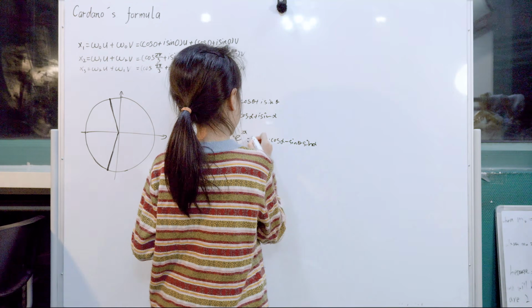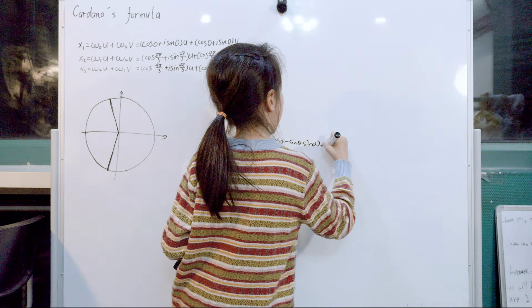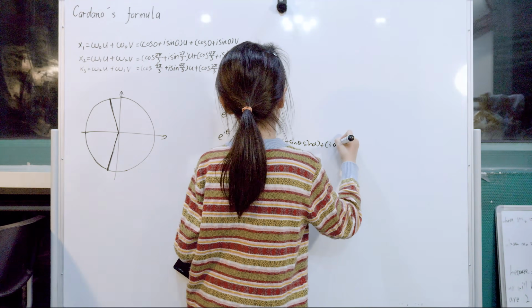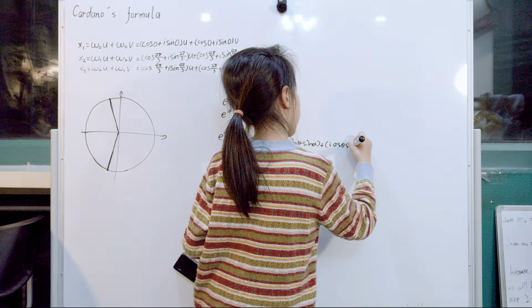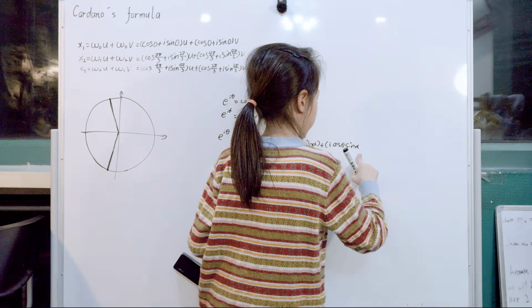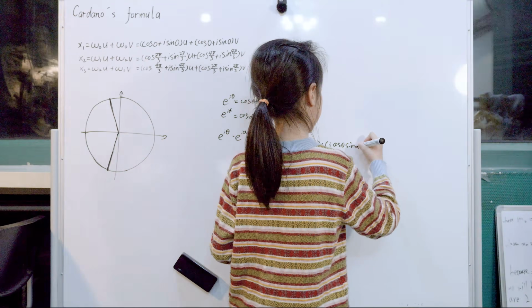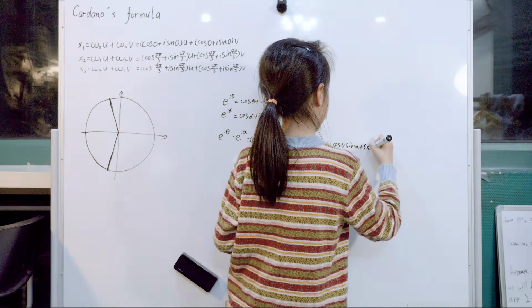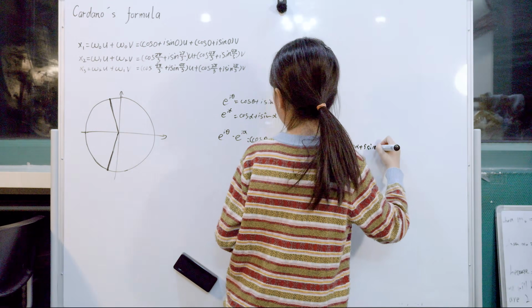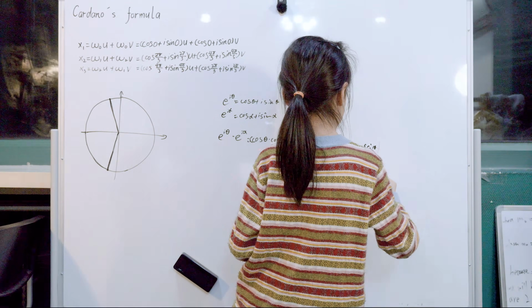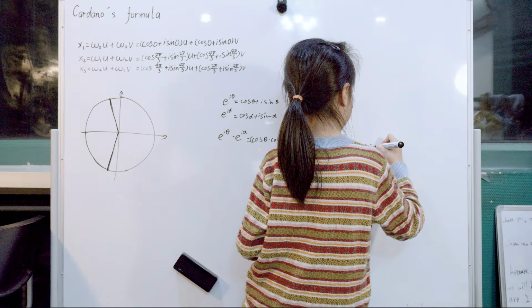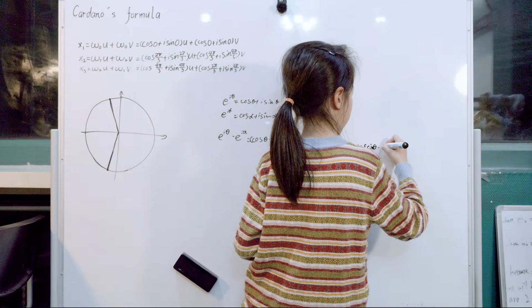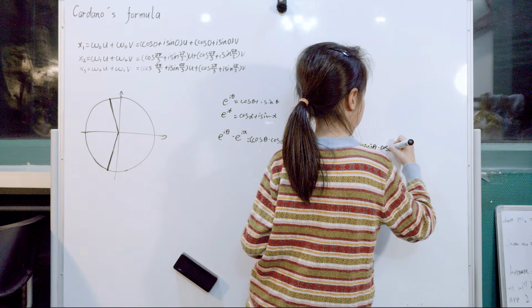We can put a bracket over here, and we're going to plus i cosine theta sine alpha plus i sine theta cosine alpha.